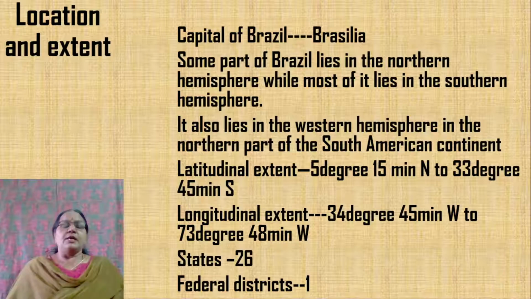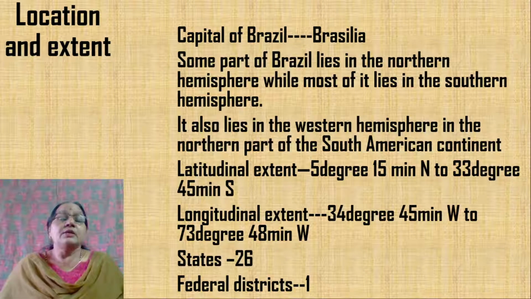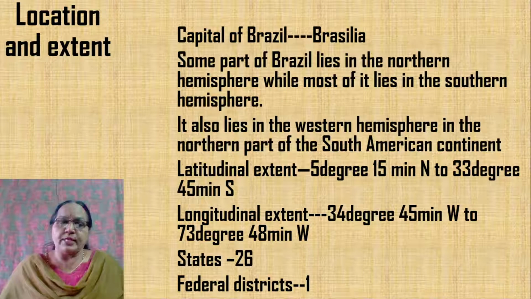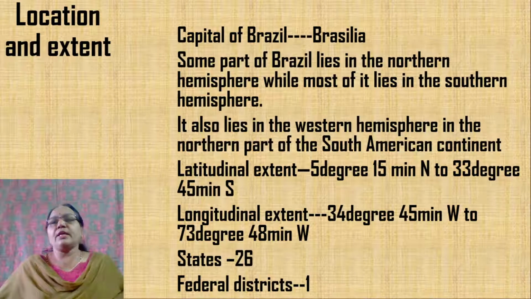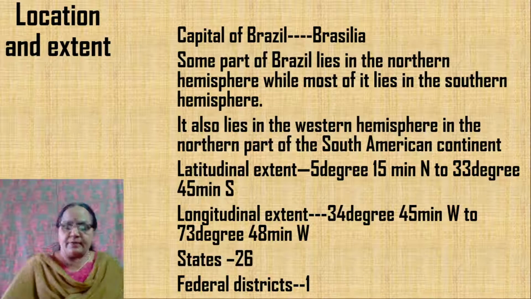So here let's come over to location and extent of Brazil. The capital of Brazil is Brasilia. Just as we said, India was located in the northern as well as the eastern hemisphere. Brazil is located in the northern hemisphere, but most of it lies in the southern hemisphere.